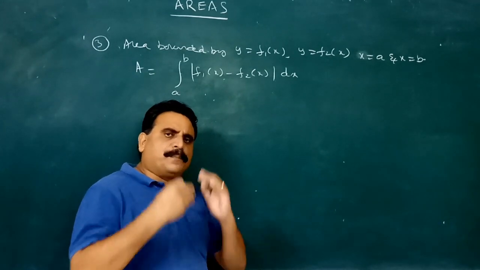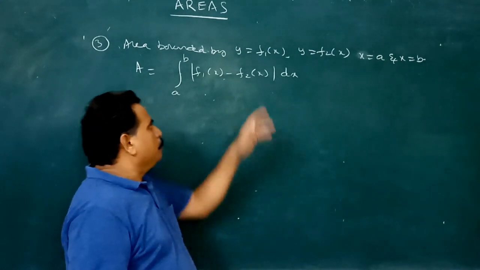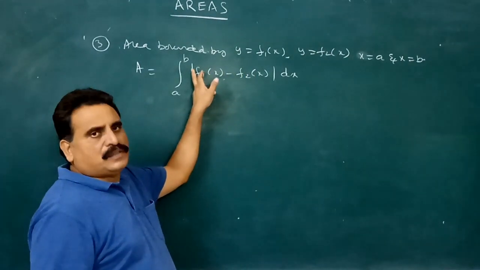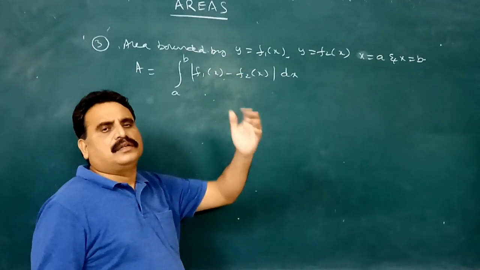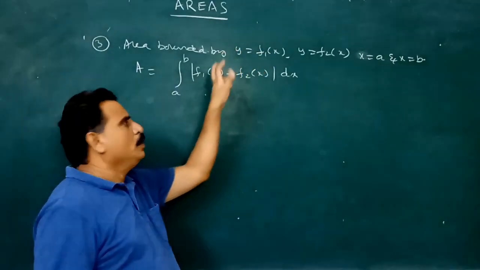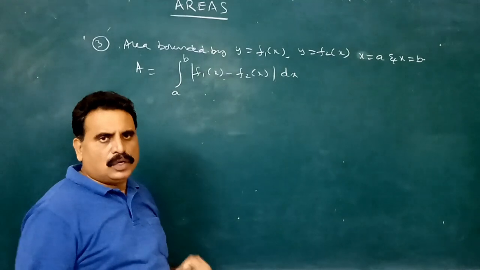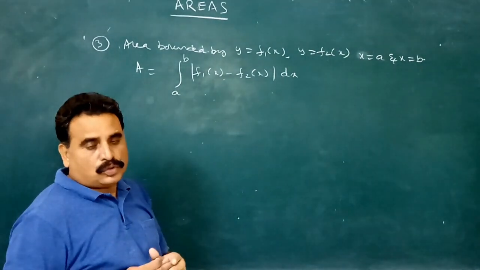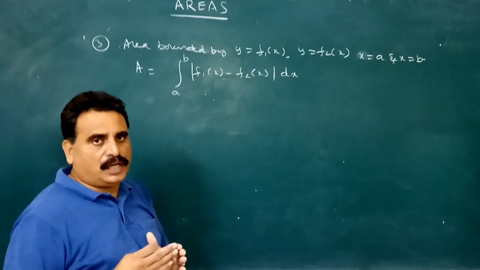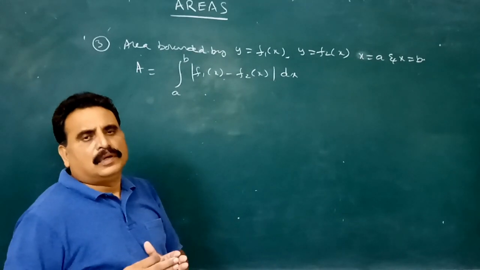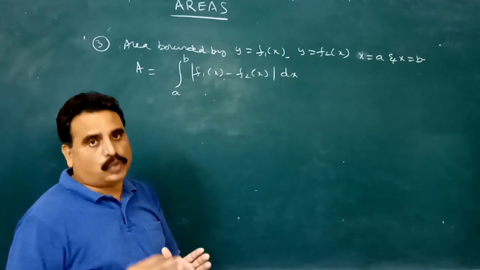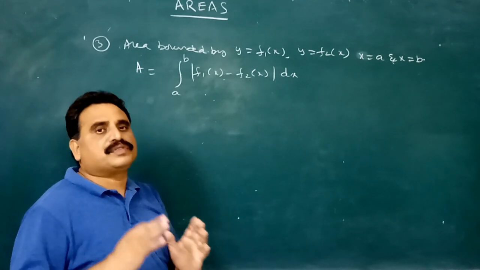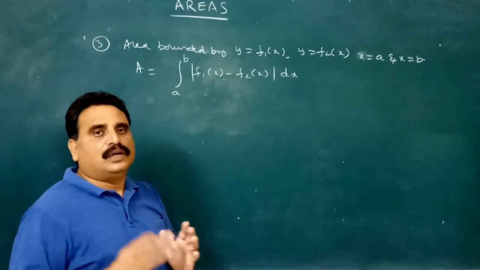If f1(x) is the upper curve, then free from modulus it is f1(x) minus f2(x). If f2(x) is dominating, you have to write f2(x) minus f1(x). So depending on the situation, to find the area of the region we need an idea about the graph. It is important that you learn the graphs of different curves.